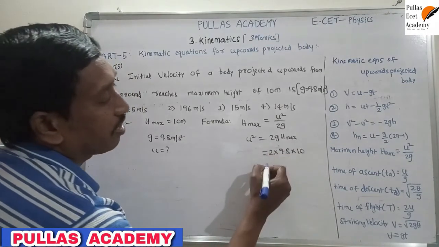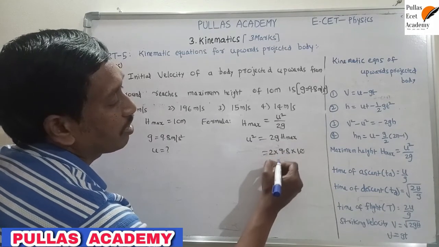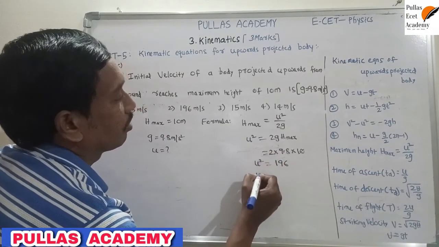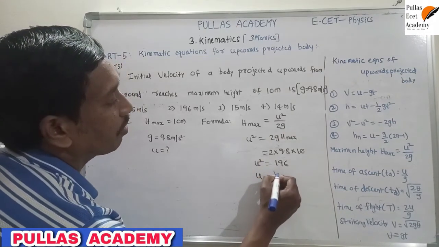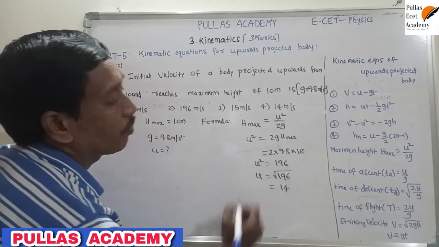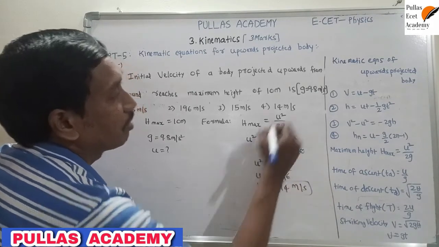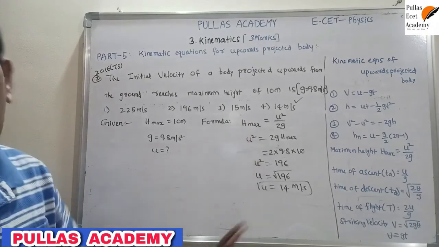If you simplify, 10 is cancelled. 98 twos is 196. u square is equal to 196, so u is under root of 196, which is 14 meter per second. The initial velocity is 14 meter per second, a suitable answer. If you just know the maximum height formula, you get it.